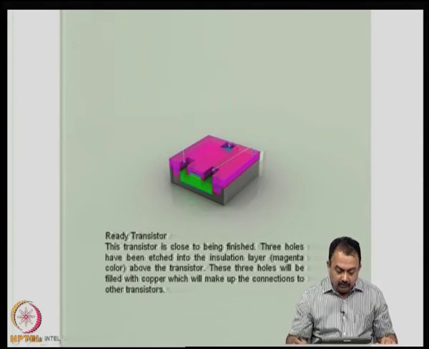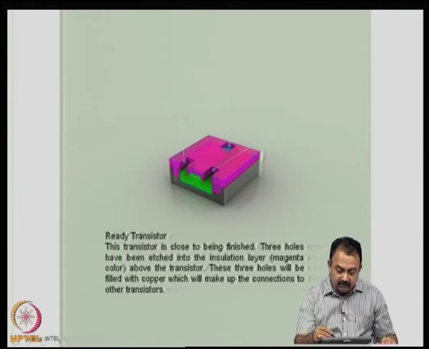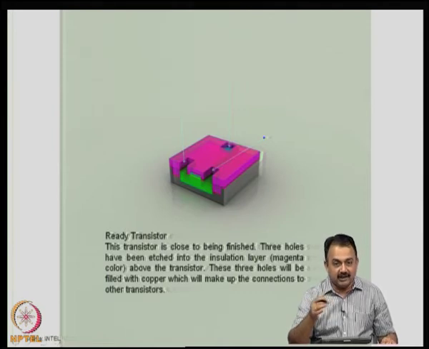Now, the transistor is now close to being finished. 3 holes have been etched onto the insulating layer. So, this magenta material is the insulating layer. You want to insulate it because that particular process is over. So, you convert the surface into an oxide and then make it passive.